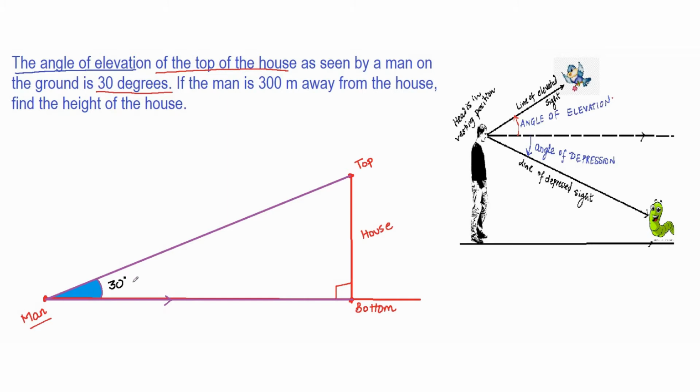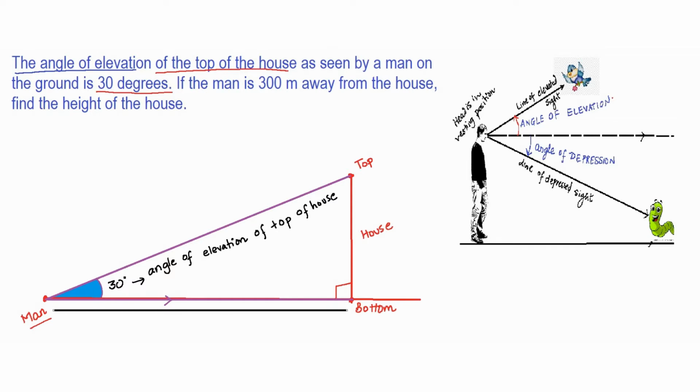So this angle is the angle of elevation of, now which object is the man observing? The man is observing the top of the house. So this is the angle of elevation of the top of the house as observed by the man, right? And it's given that the man is 300 meters away from the house.